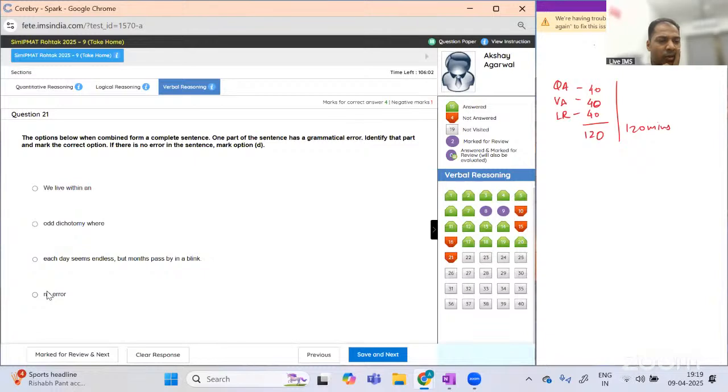Either it's A or D. I think there's no error here. We live within an odd dichotomy. We live in a dichotomy, in an odd dichotomy. So dichotomy, right?